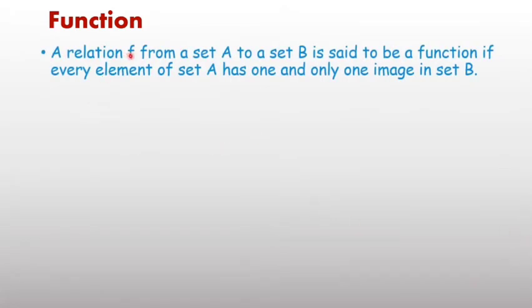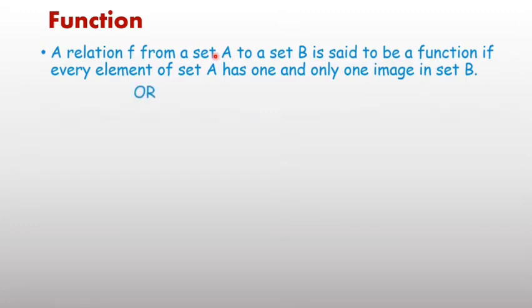A relation f from set A to set B is said to be a function if every element of set A has only one image in set B. Here set A means a non-empty set. Remember it.